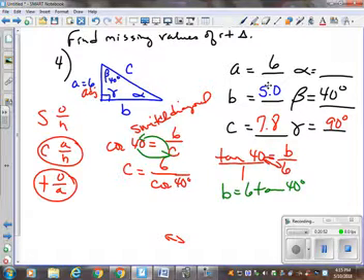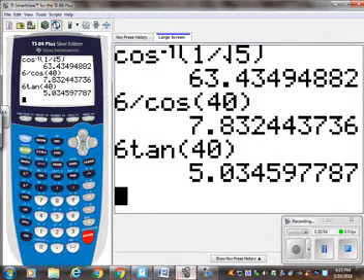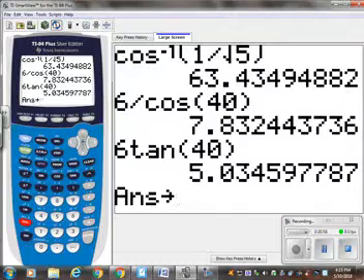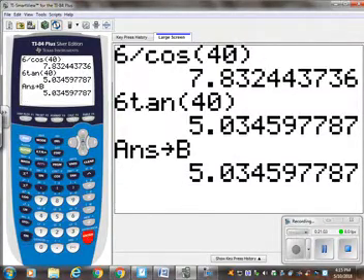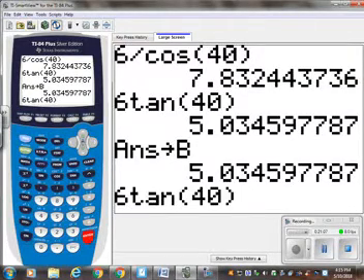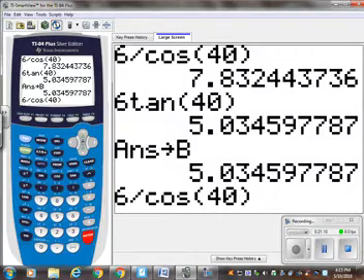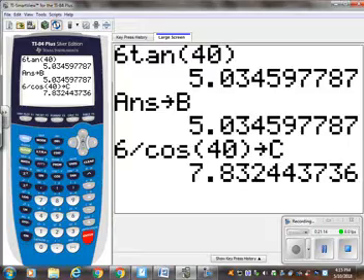So let's go back. I can store that value right now. That was the one we were finding for B, so I'm going to store it in alpha B. And the other value, I can second enter that back up because we were finding C, and I can store that in alpha C because they gave me A originally. Now I can do it.